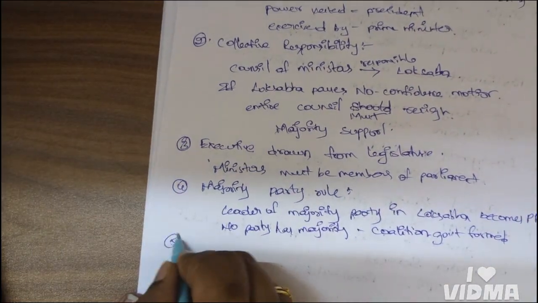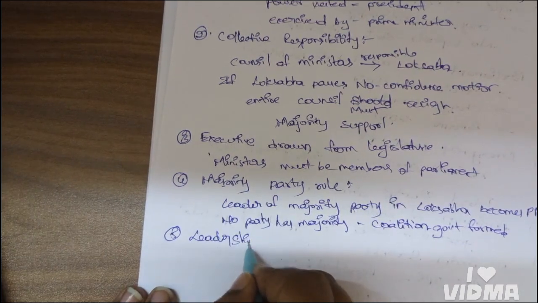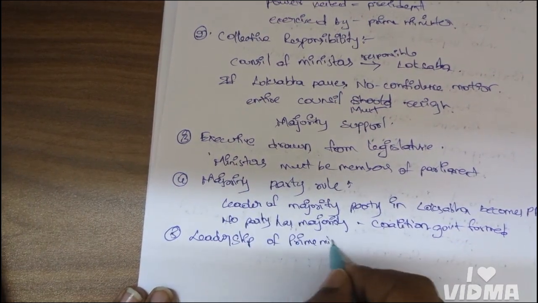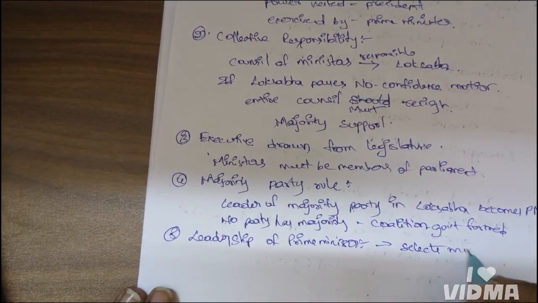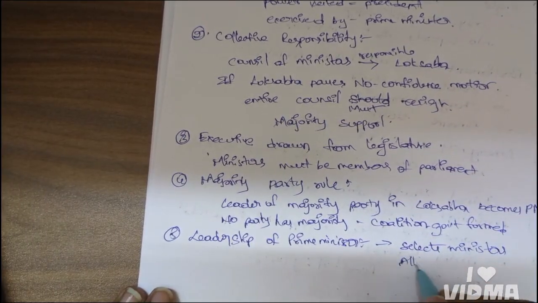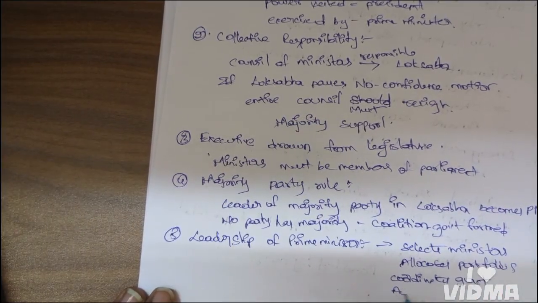Next, leadership of the prime minister. Prime minister is the central figure here. The prime minister selects the ministers, allocates the portfolios, coordinates with the government, and also advises the president. In practice, the prime minister is the real executive authority. Okay.